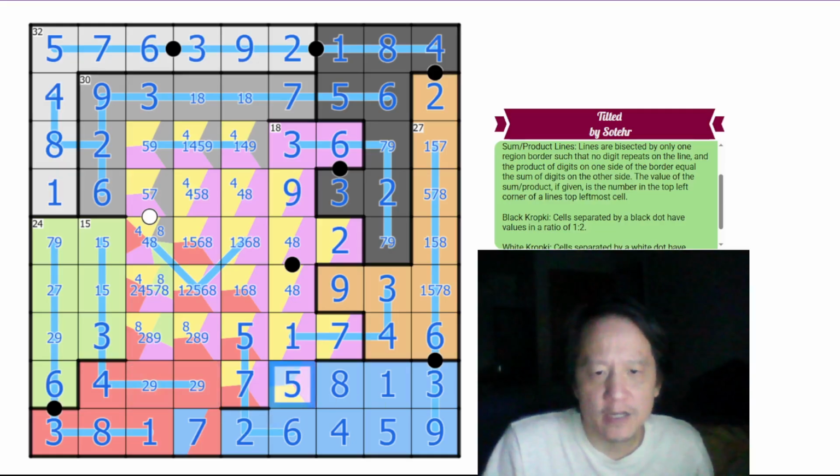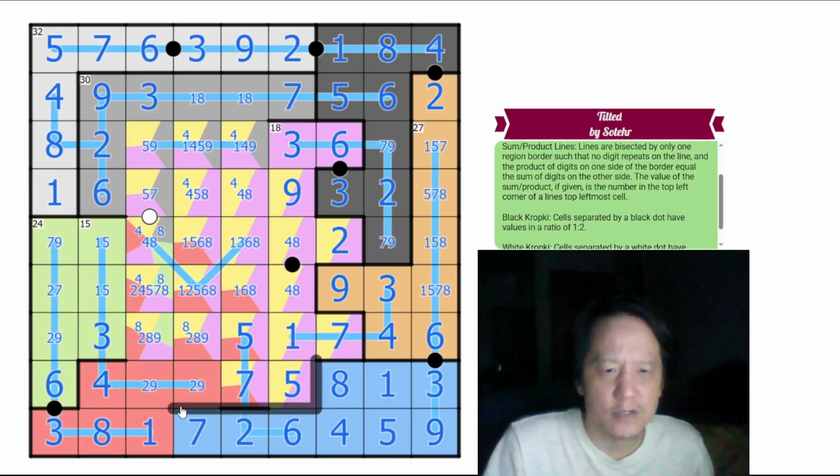Oh, this is not a 7. So this can't be blue. Well, the blue has to then go here. So this is all done.